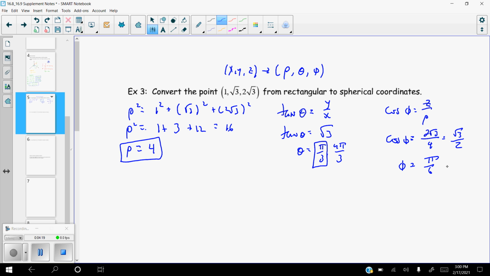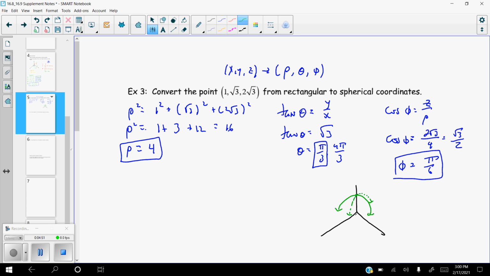Here's the thing. An angle of phi can only go from 0 to pi. Think about this. The angle phi is the angle made from the positive z-axis. And you have to remember that this angle opens up in every direction. It opens up this way, it's also going to open up this way at the same time, and then out that way in the back, and this way out in the front.